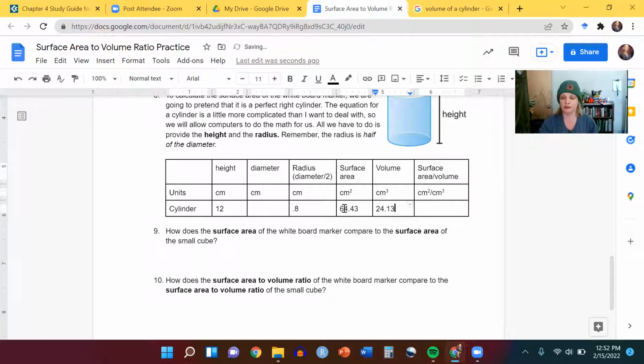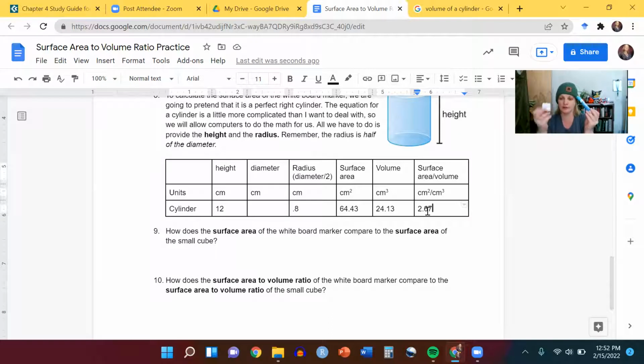Now I can get my surface area to volume ratio simply by taking 64.43 divided by the volume, 24.13. And that gives me 2.67.